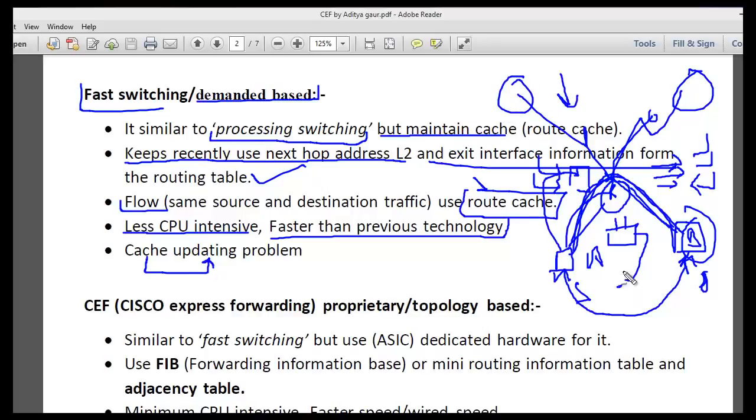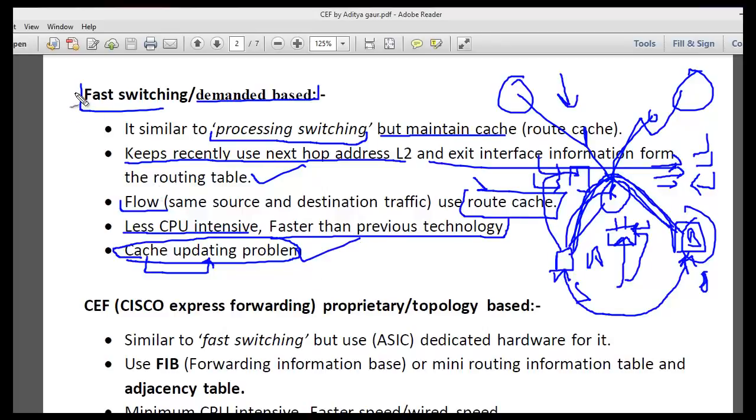Now the cache needs to be updated, since it stores wrong information, meaning it has not converged, because you changed the port of the device.